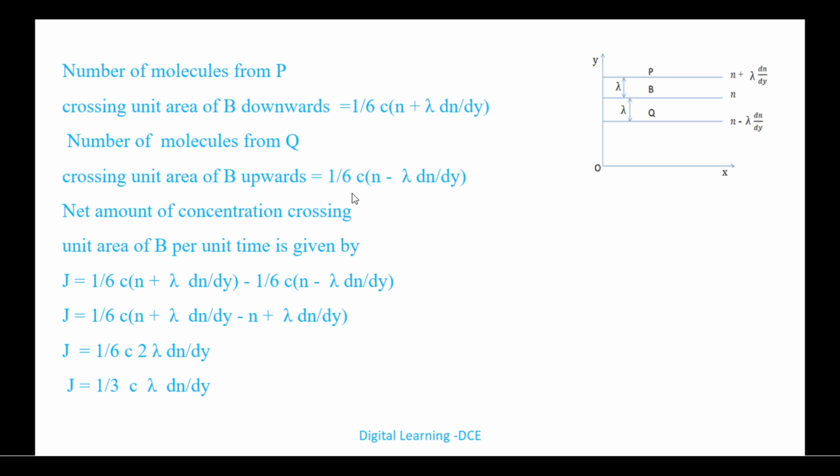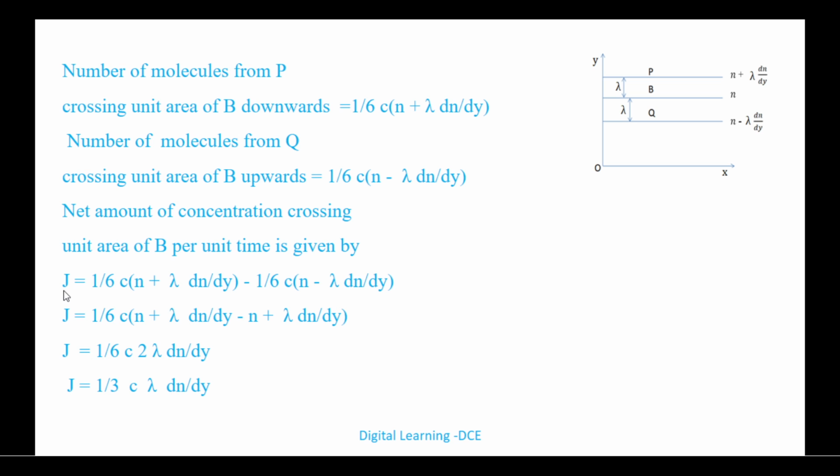Then, the net amount of concentration crossing unit area of B in unit time is given by J = 1/6 C (n + λ dn/dy) − 1/6 C (n − λ dn/dy).